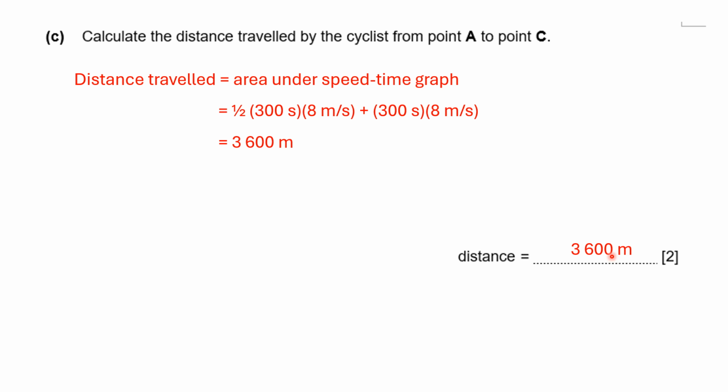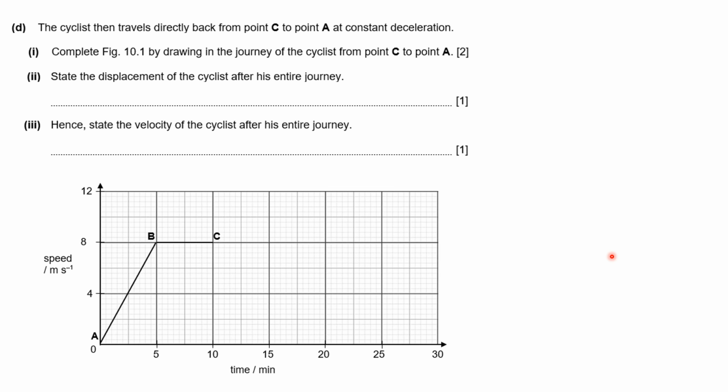Now looking at D, we want to state the displacement and the velocity of the cyclist. Sorry, we want to complete the figure first from point C back to point A at constant deceleration. So first, we want to know that the distance is the area under the speed time graph, and constant deceleration is a straight line.